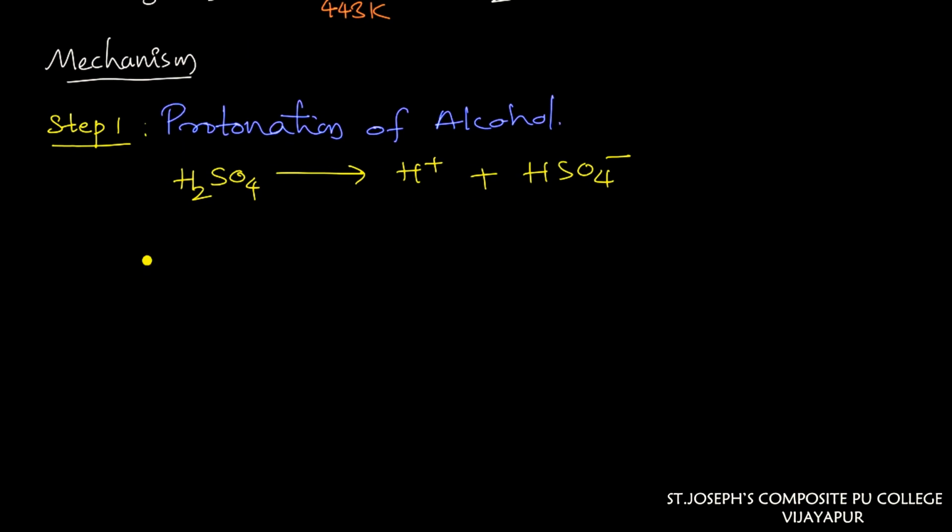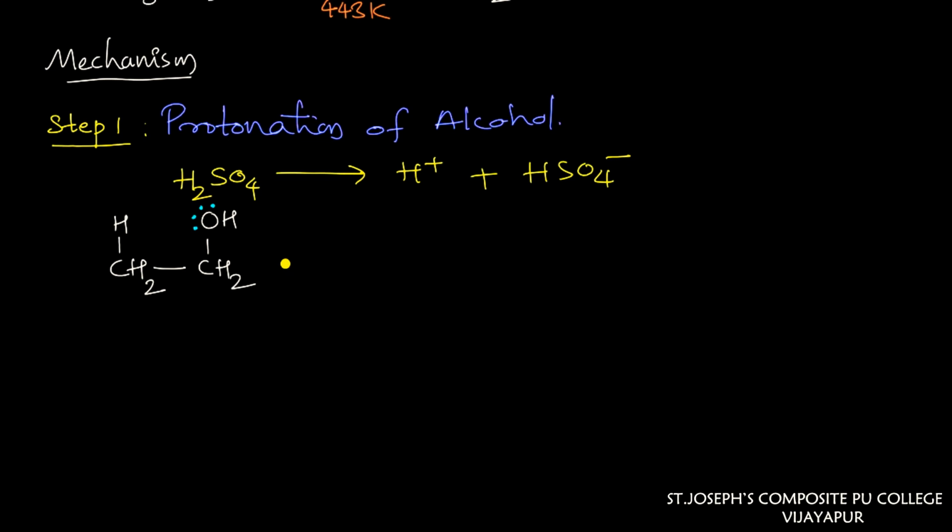Now I'm going to write the alcohol, that is CH3CH2OH, and the well-known thing about this molecule is that the oxygen has two lone pairs of electrons.